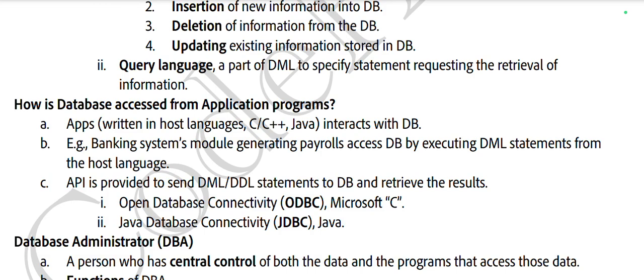They send the request to the server or database, and the database fetches the information and provides it to our application program. Open Database Connectivity, Microsoft ODBC, and Java Database Connectivity are the APIs used for database access.